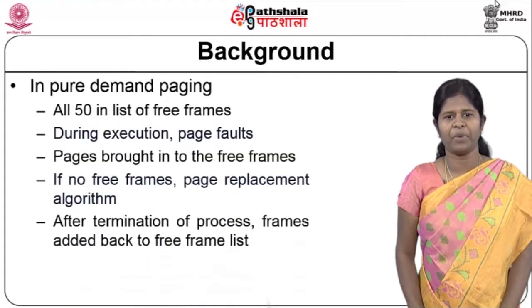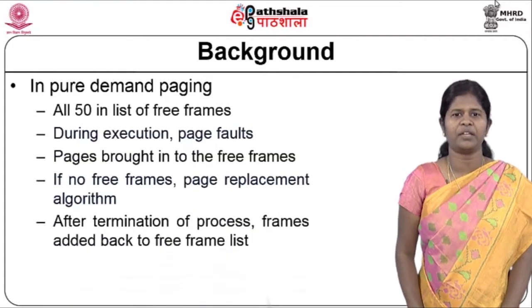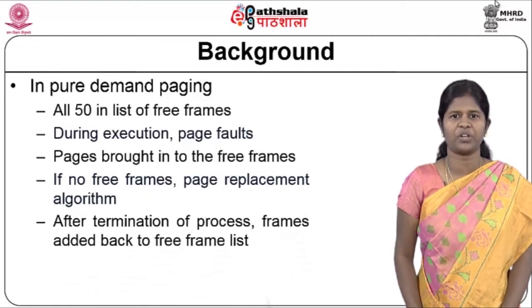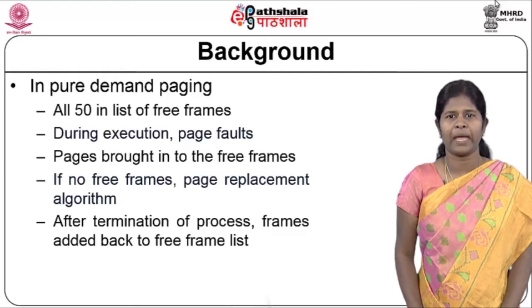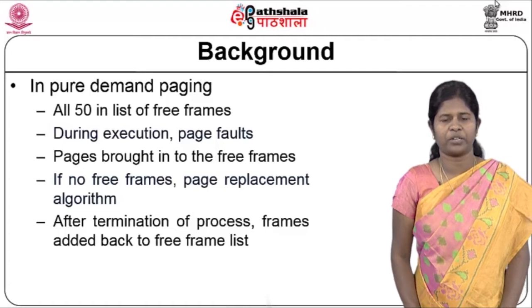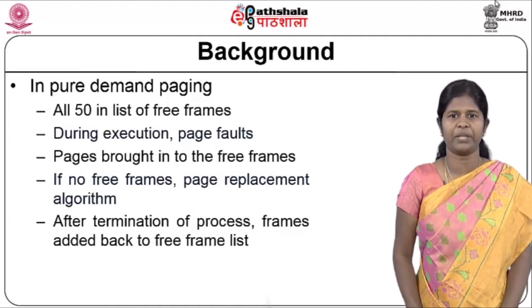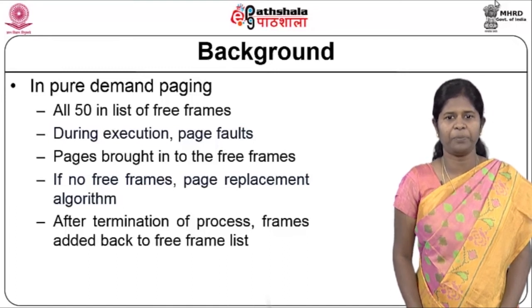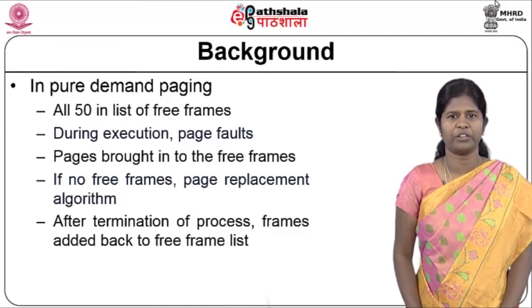In pure demand paging, all the 50 frames will initially be in the list of free frames, and while executing a process there will be a page fault. Even for the first memory reference there can be a page fault, and when there is a page fault the required page is brought into a free frame.